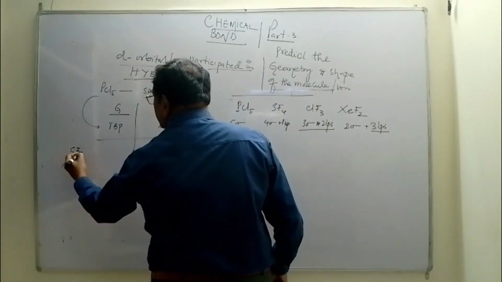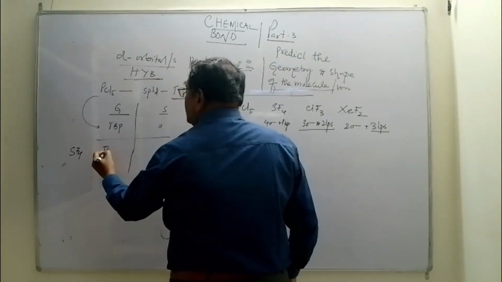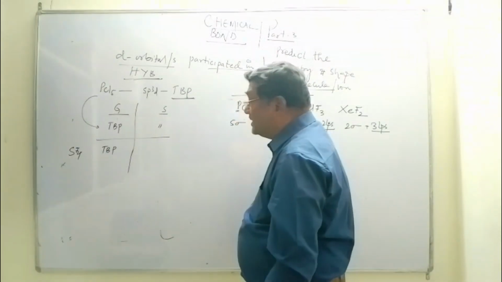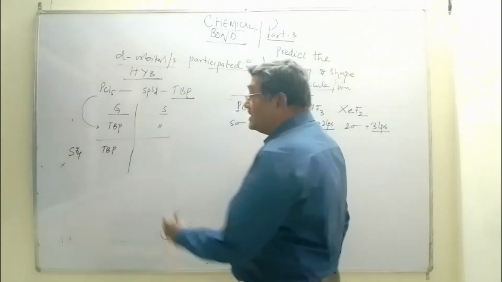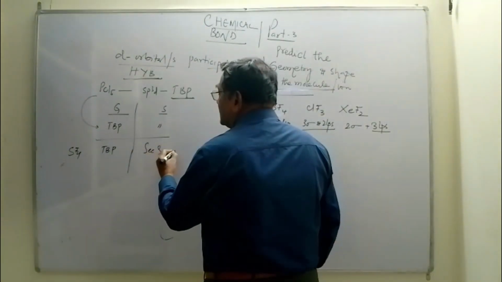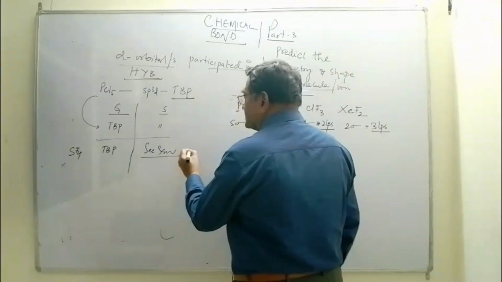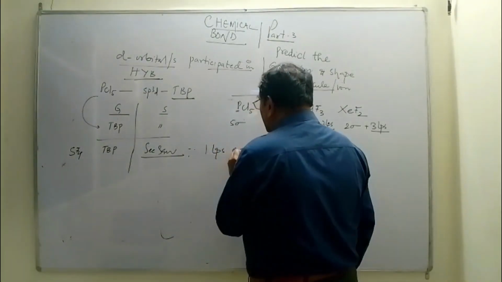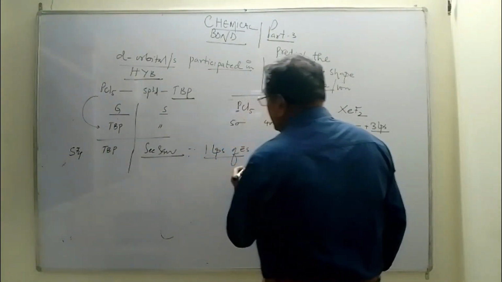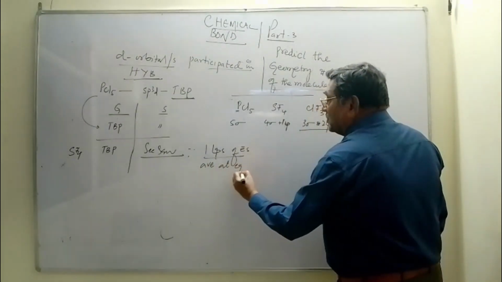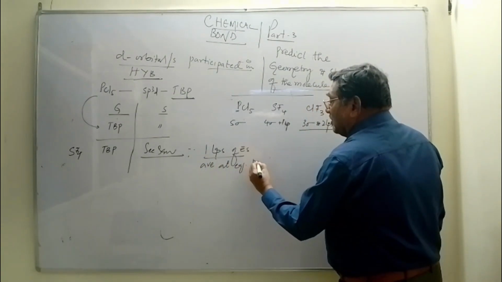Let me go for SF4. The geometry is going to be the same TBP because its hybridization is sp³d. But the shape is going to be seesaw because it has one lone pair of electrons at an equatorial position.